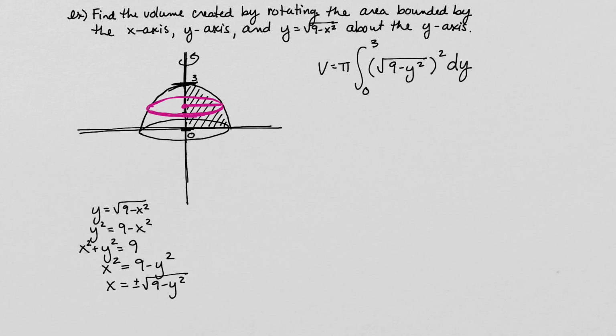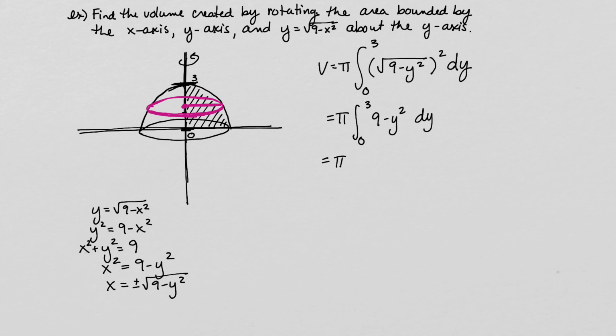Okay, so this is, again, not too bad of an integral to do. I have pi times the integral from 0 to 3 of 9 minus y squared dy.